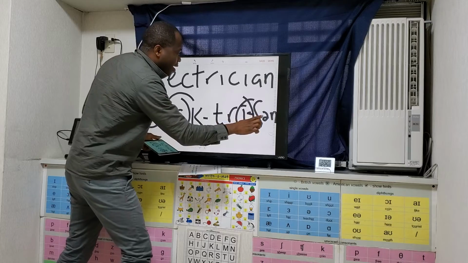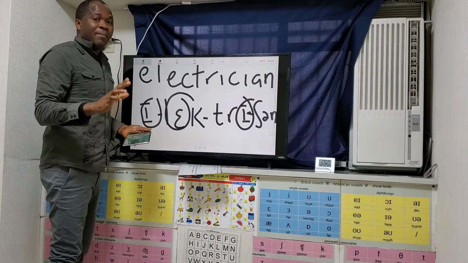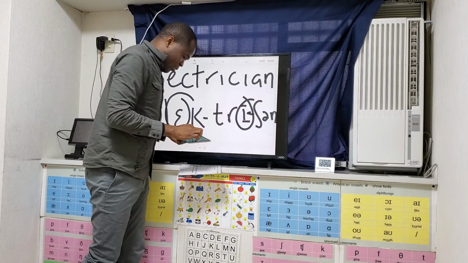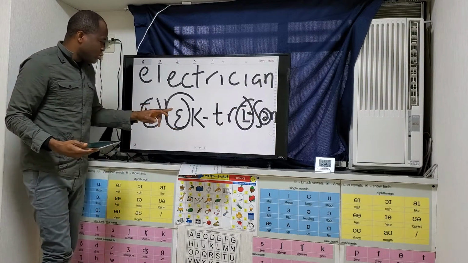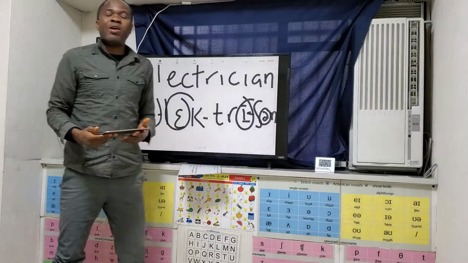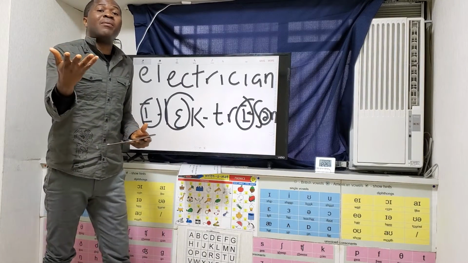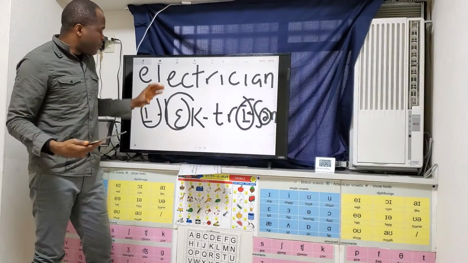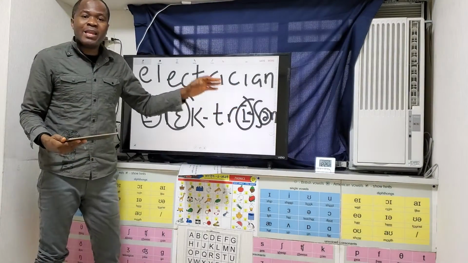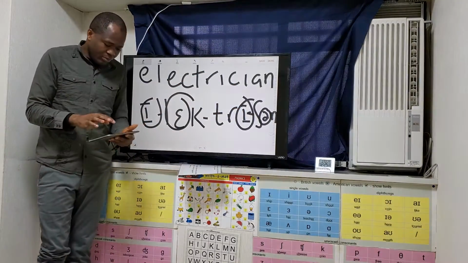That is like the example, about. So we have another syllable. How many circles do we have? 1, 2, 3, 4. So we have 4 syllables. So this is a 4-syllable word, electrician.